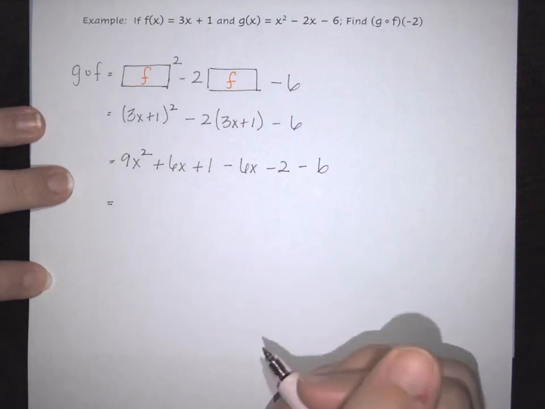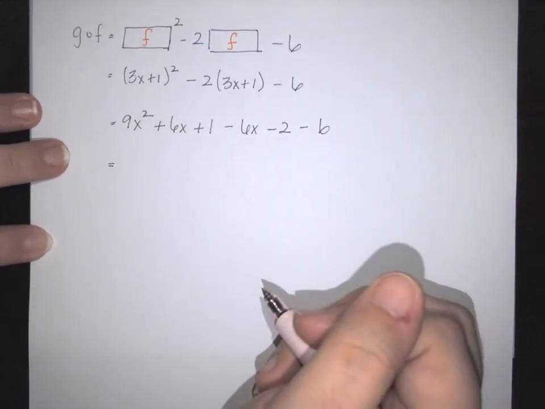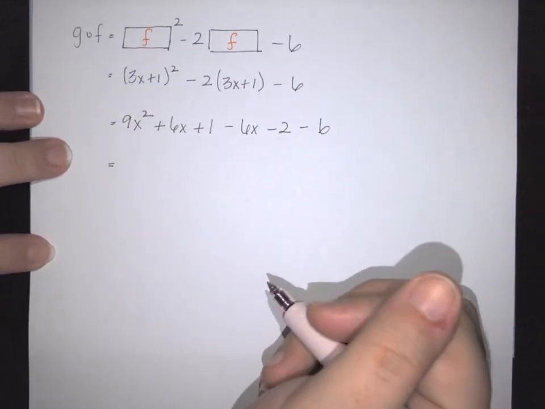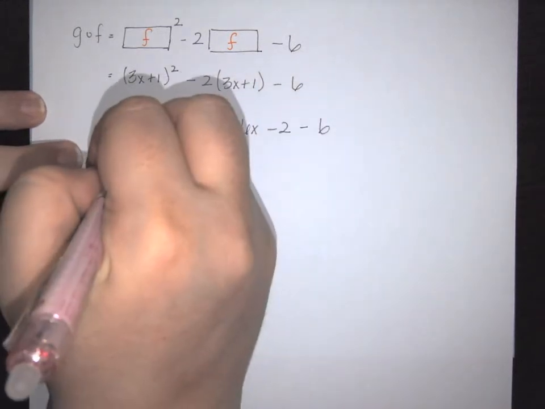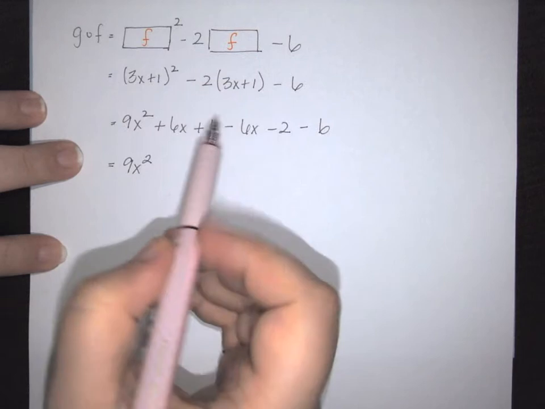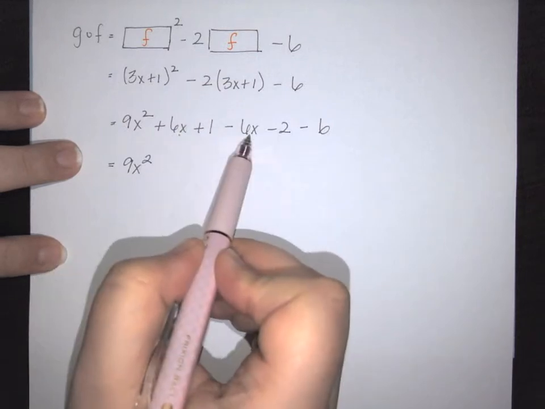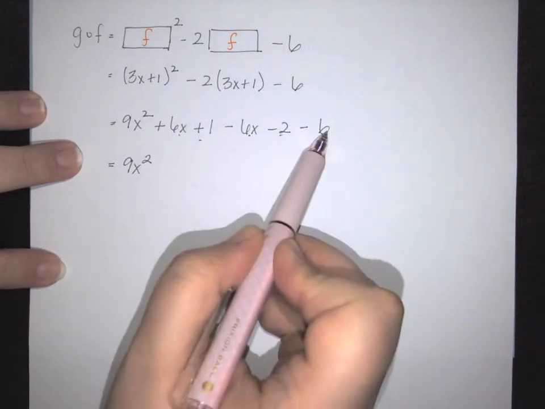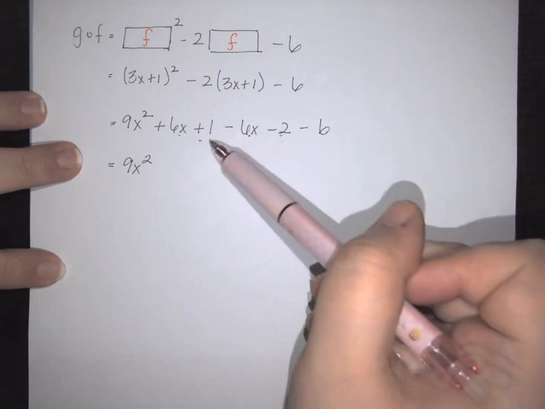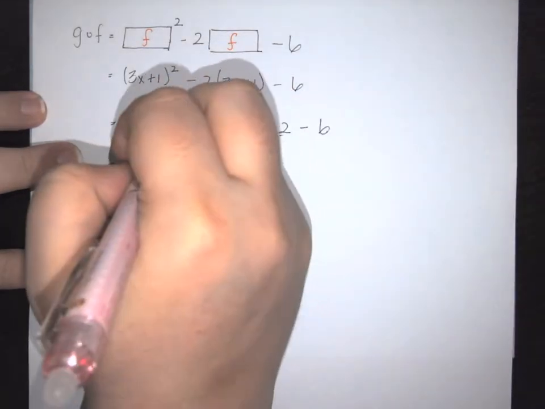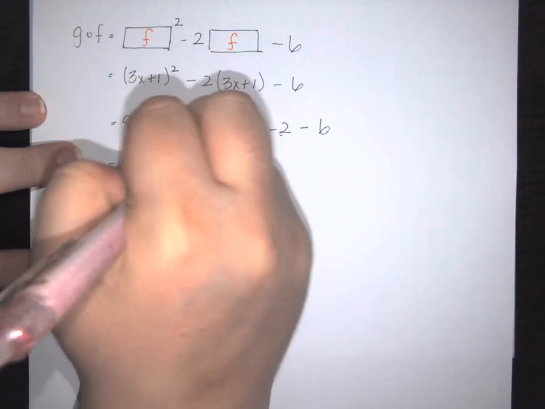That's going to leave us with 9x squared. My 6x's are going to go away, and I have 1 minus 2 minus 6. Negative 2 minus 6 is negative 8, and I have plus 1, so this ends up being negative 7.